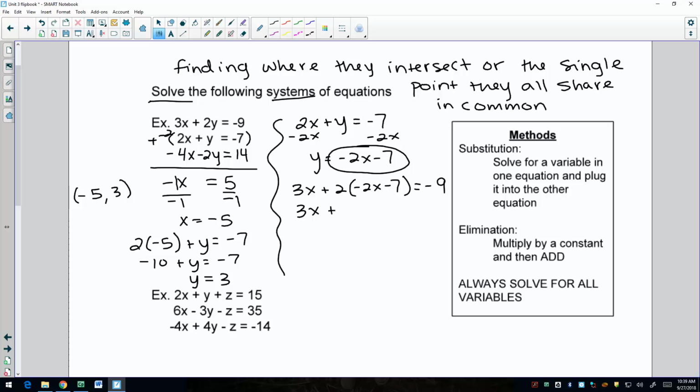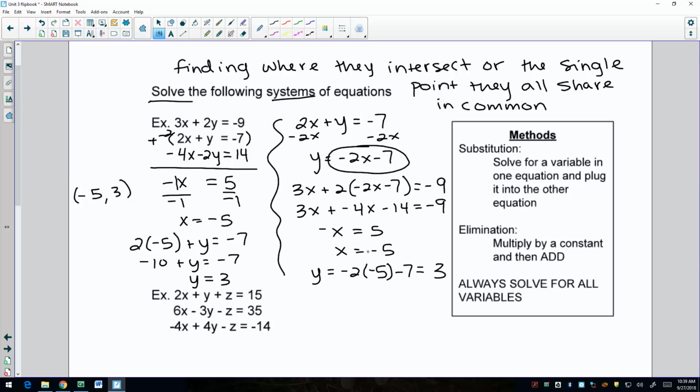So if I distribute the 2 in, that's actually a -4x and a -14. And you will notice you're going to start seeing some numbers that we saw over here in elimination when we added those together. So you get -x. I'm going to move the 14 over to the other side, so that is 5. And then again, divide by -1, so you get -5 again. And again, you have to then plug that in and solve for y. So I'm going to have -2 times -5 minus 7, which turns out to be 3 again.